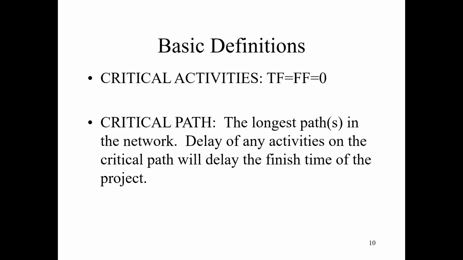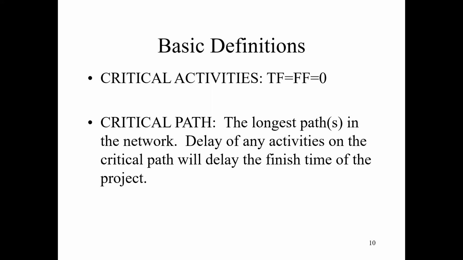Another term we have here is called the critical activity. Total float equal to free float equal to 0. If an activity has its total float equal to its free float equal to 0, then this is a critical activity. You may have multiple critical activities.